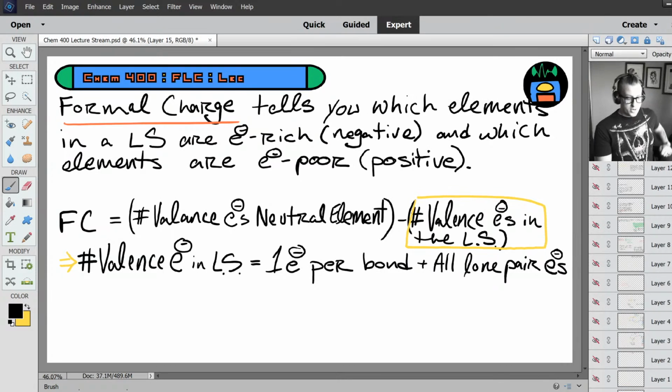All right, when you're calculating how many electrons an element has in a Lewis structure, you count 1 electron per bond and then all the lone pair electrons.